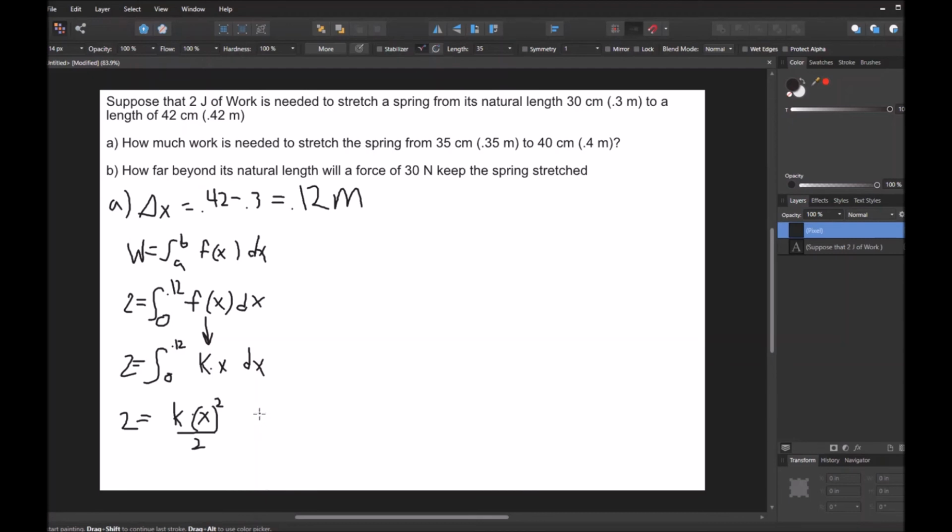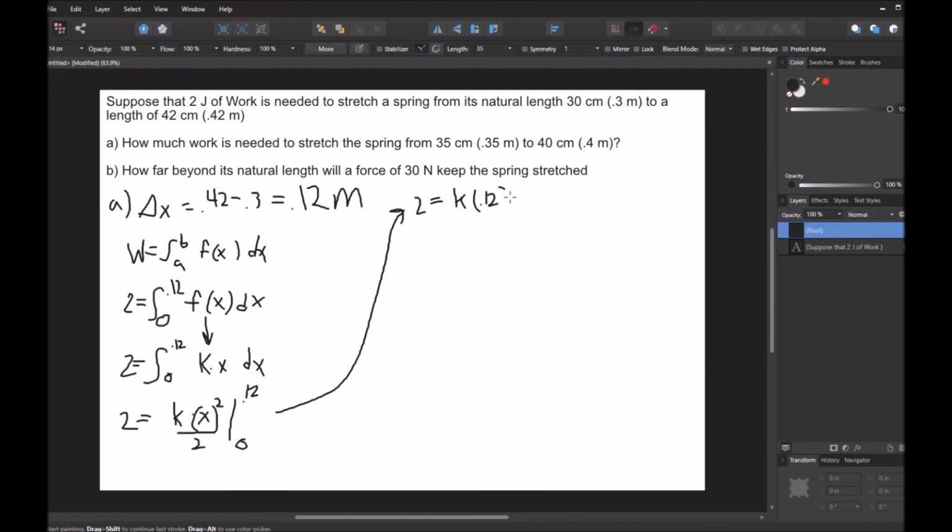And then we can write from 0 to 0.12 again. And then if we go to solve this, we have 2 equals k times x squared over 2, or I suppose I can substitute in the 0.12 now.